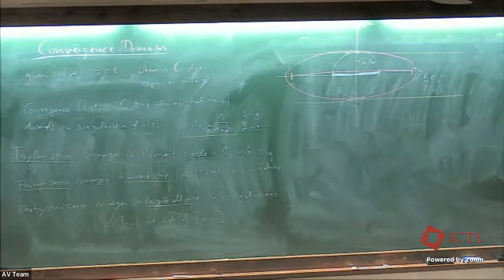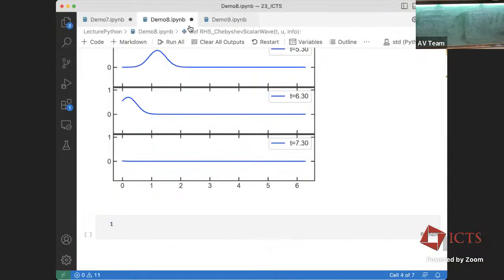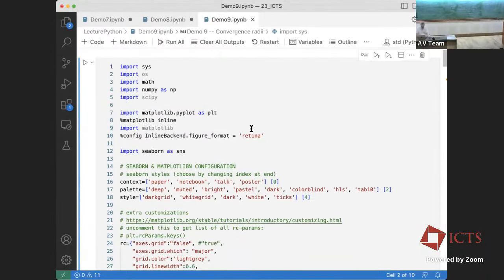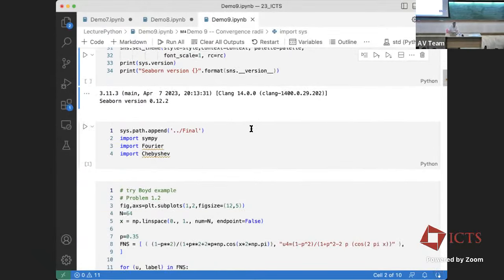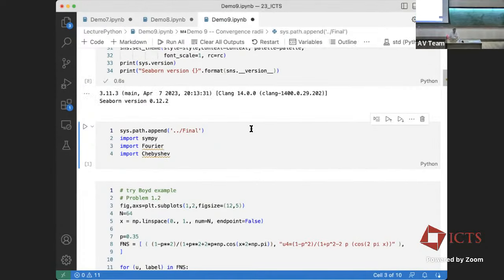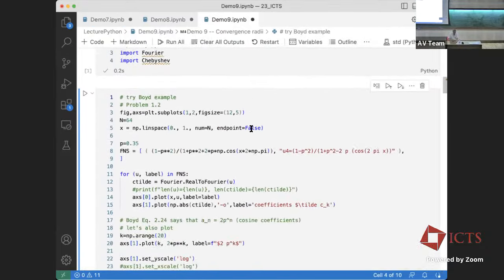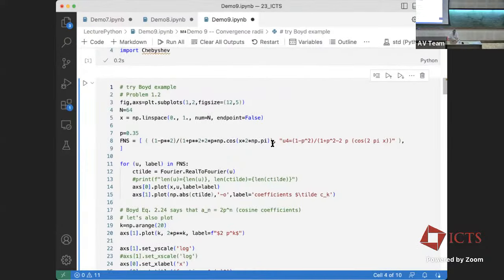Let me show this with a little demo. The little demo, I believe, shows a different function, but that's perfectly fine. The function I'm using here is a cool thing that Boyd has in his book.